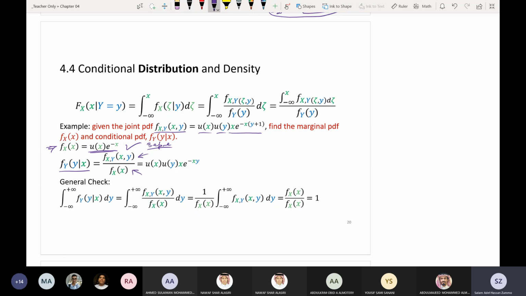And simply, if you divide them, you have this divided by this, you get this function. Simply, the e to the minus x cancels, and then you divide by it. Okay?